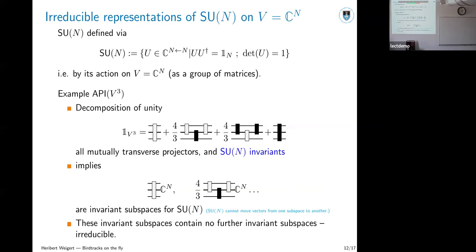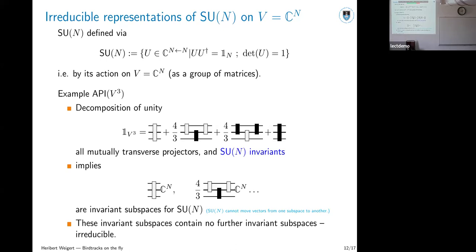Because if I look at this by just taking the diagonal guys, the projection operators, the Hermitian operators in this list, it turns out I get a decomposition of unity. Here is an example for S3. Right here are the objects that I had before.